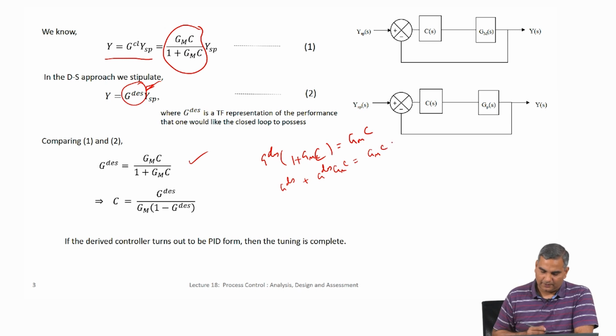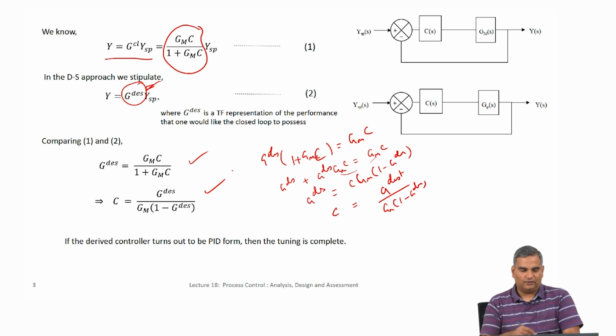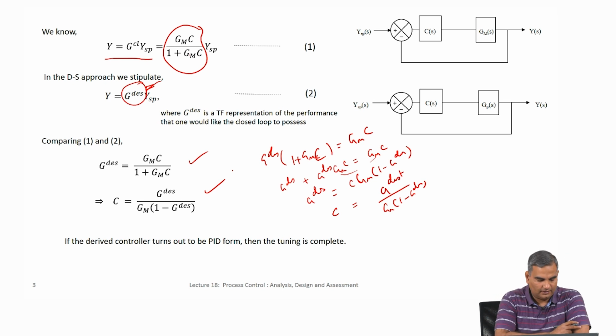So, this is just expanding this. So, I take this to the other side, I take this as G desired equals C times GM times 1 minus G desired, which is what you will get by taking this to this side and then collecting terms. Then this will give me C equal to G desired divided by GM times 1 minus G desired, which is what I have here. So, very, very simple manipulation that we do here.